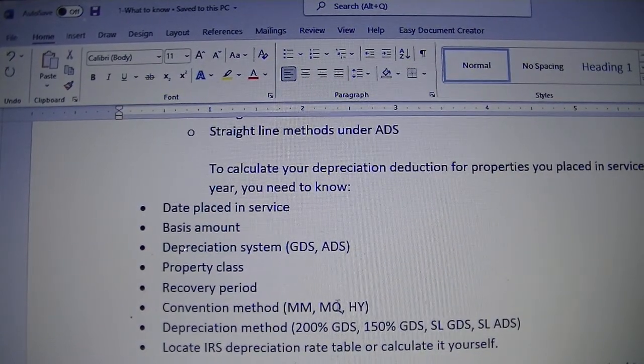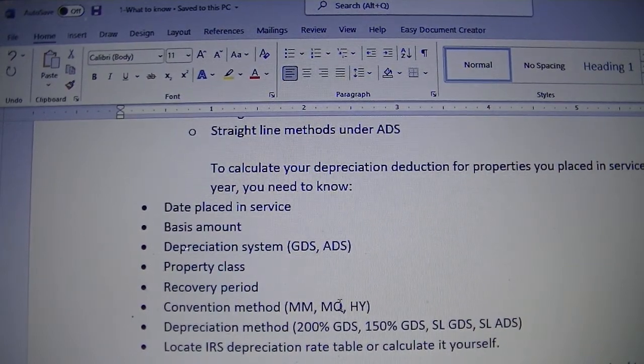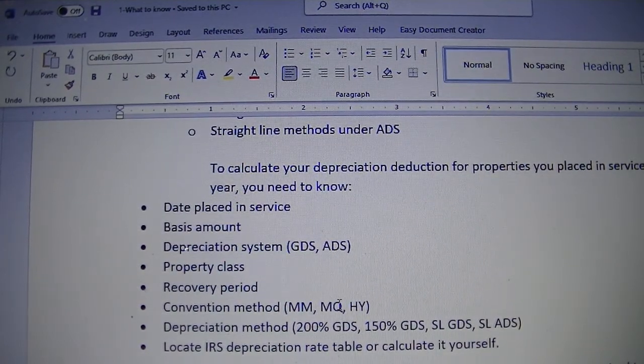In that case, you have to know the quarter you place each asset in service during the year, and your calculation will take into consideration that you place each one of those assets at the midpoint through that quarter.